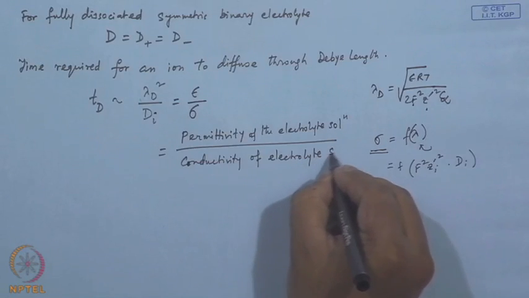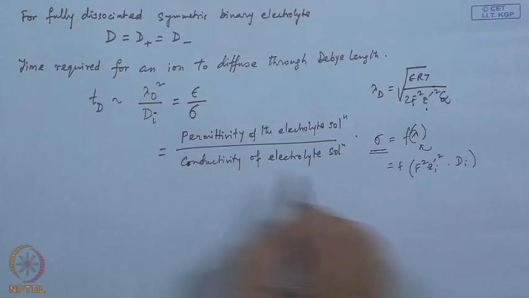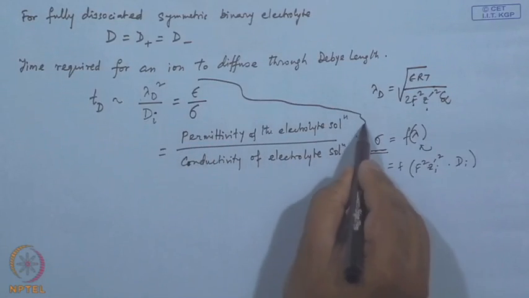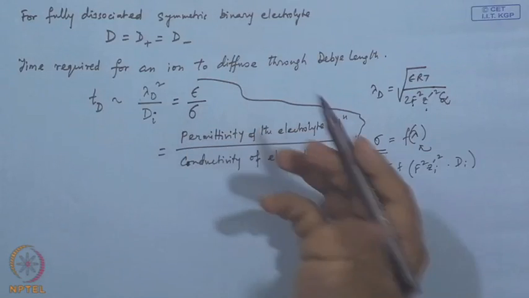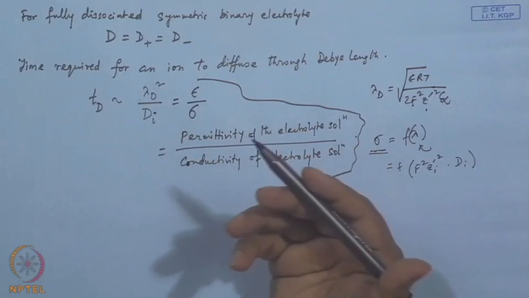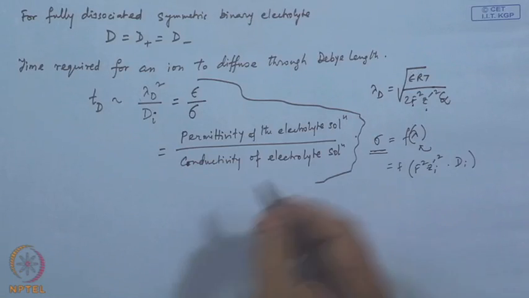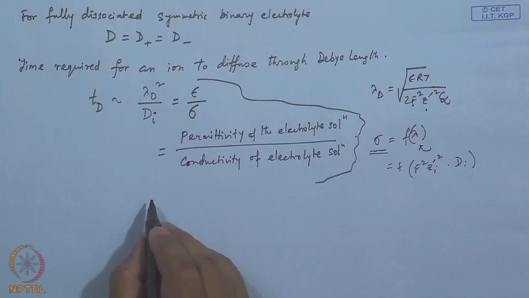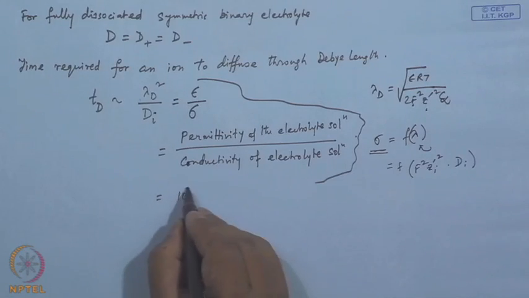Now if somebody looks into the typical permittivity and typical conductivity of the materials that one works with, you will invariably find that this comes to about 10 to the power of minus 6 second.